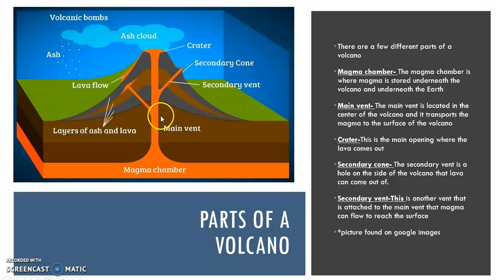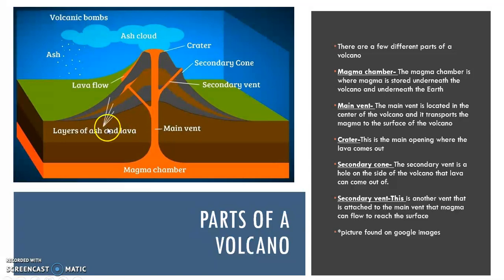And then the secondary cone, which is over here on the sides, it's where more lava can come out of. And then the secondary vent, which is attached to the main vent, to the sides of the volcano.